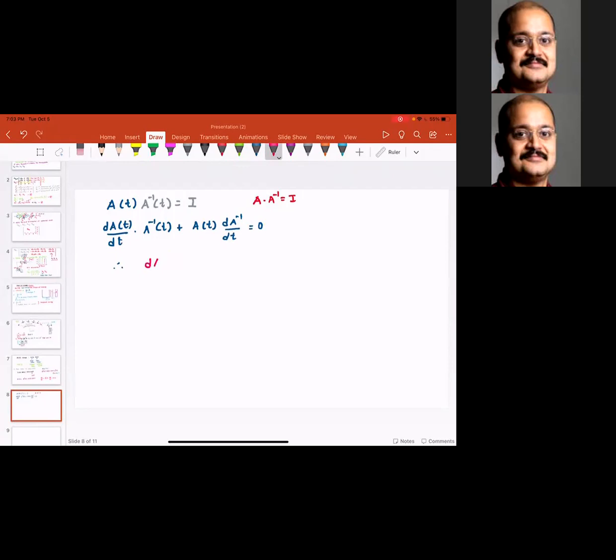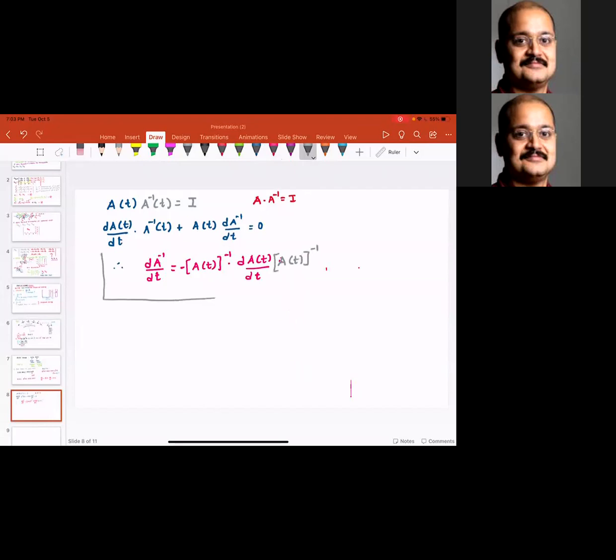if I want to find out dA inverse by dt, I can find that by A(t) inverse, negative sign, multiplied by dA(t) by dt, multiplied by A(t) inverse.